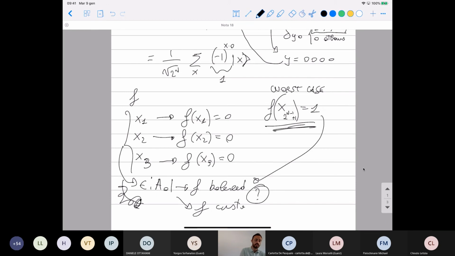So of course, in the worst case, you have to evaluate this number of times. Maybe it's a little bit more clear now. Asymptotically it is 2 to the n.